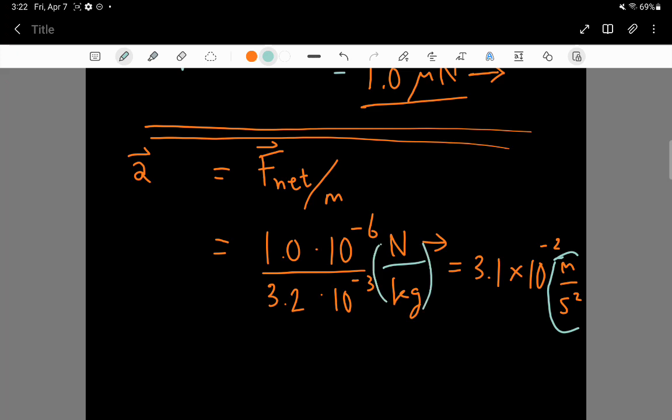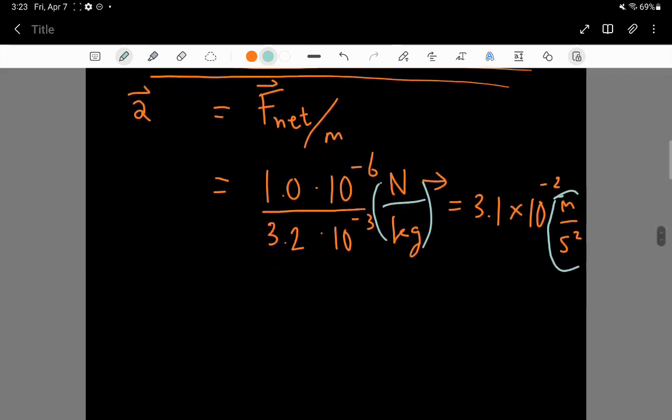A newton per kilogram is defined as the meter per second squared. In a sense, it defines what's meant by 1 newton of force. So anyways, this is the answer, except I forgot a detail, and the detail is that there is a direction. The acceleration is towards the right. So those are the details.